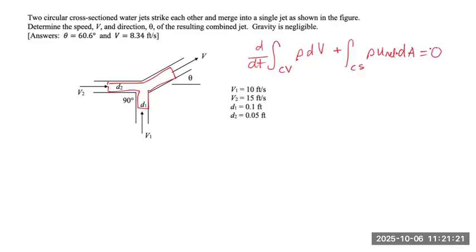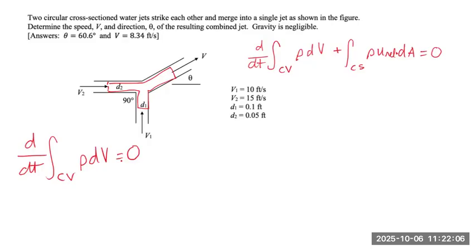So basically, something to know is that d/dt over the control volume of rho dV is equal to 0 in the case of steady flow.